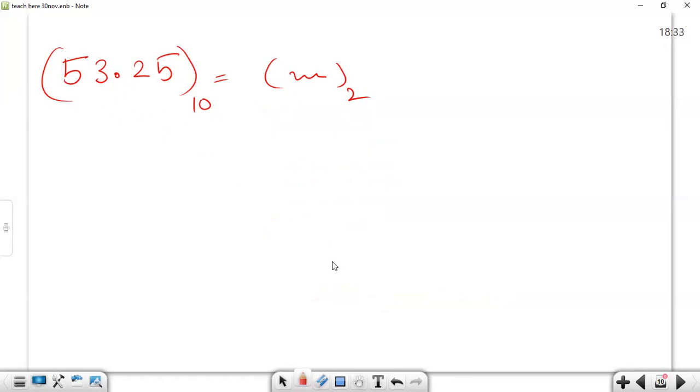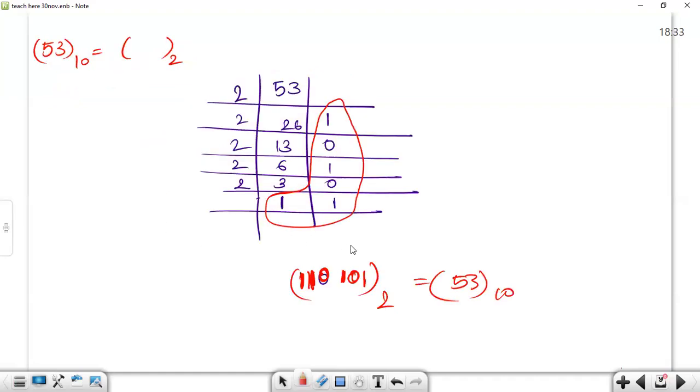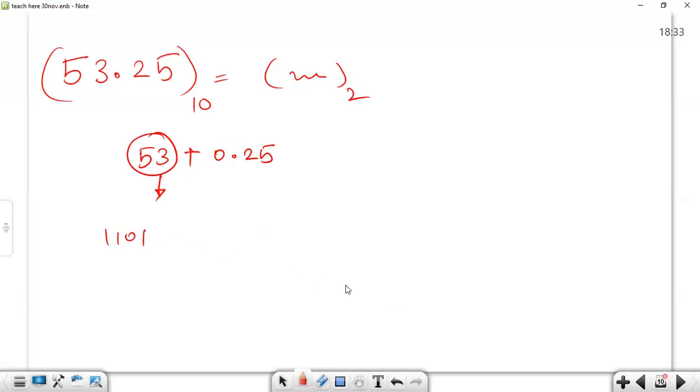So for doing this, simply first do this. 53 can be written as 53 plus 0.25, right? So first convert 53 into binary number system, which we have already done, which is 110101. So this is in binary number format. Let's convert 0.25 now.